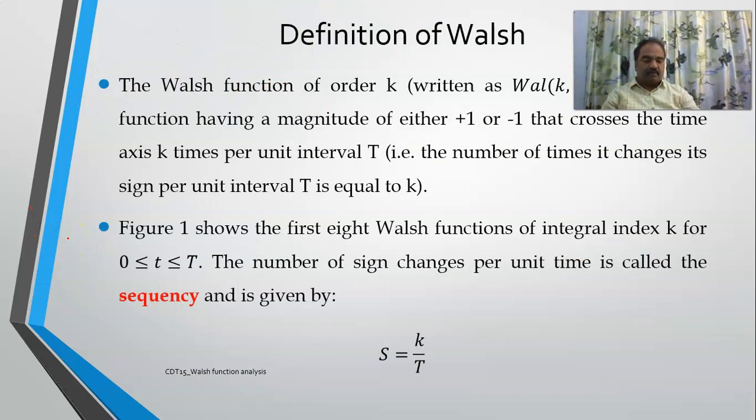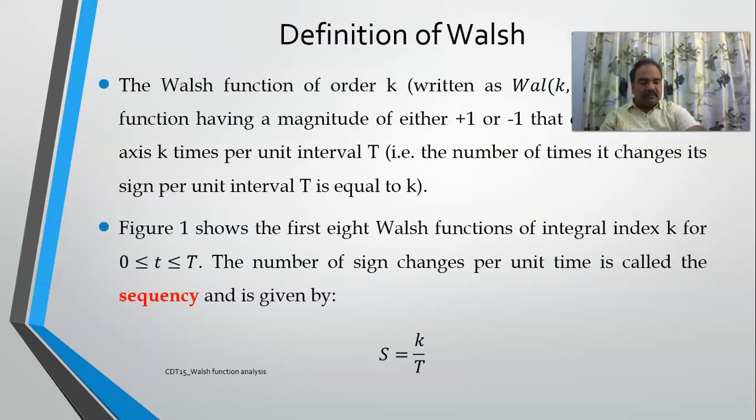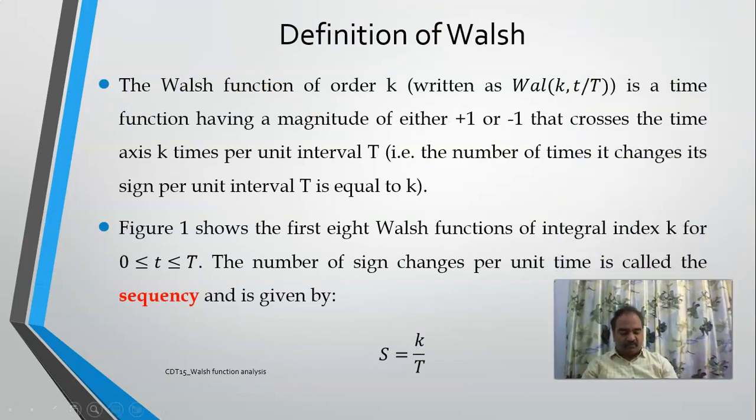Now, the Walsh function, generally it will be written in the form of Wal k of t by T, and it will be having a magnitude of +1 or -1, and this particular function indicates that in the time interval of T, this is the time interval, this function is crossing the time axis k number of times.